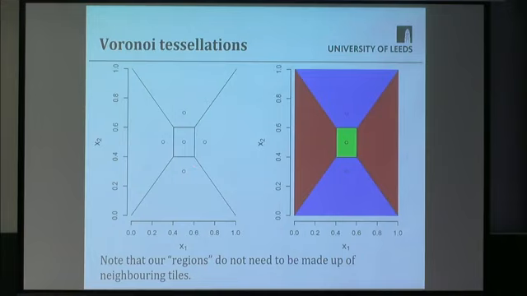What we can do in our method is say, well, this tile and this tile, the function seems to behave very similarly over these 2 tiles, so why not build a Gaussian process over both of these, and then we've got another 2. Of course, these regions, which are made up of multiple tiles, don't need to be made up of neighbouring tiles. So that gives it a lot of flexibility, and now we don't need our regions to be convex, because once we start adding these tiles together, we can get much more complicated shapes, if you like.